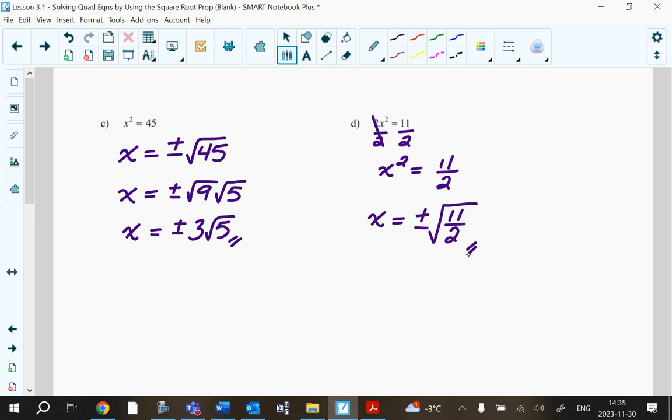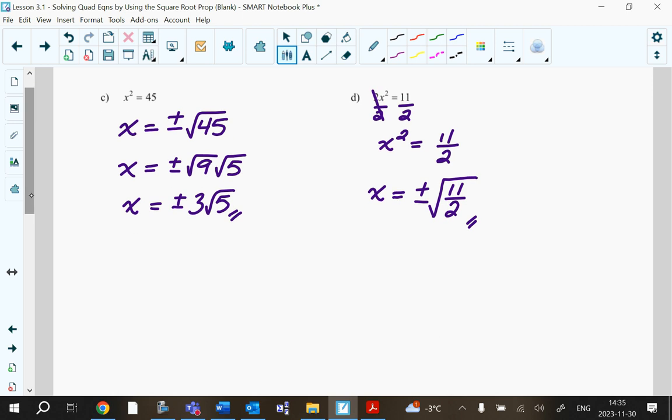Okay, but notice before I stop here, notice there were only x squareds and numbers in the equation, right? What if I had something like this?